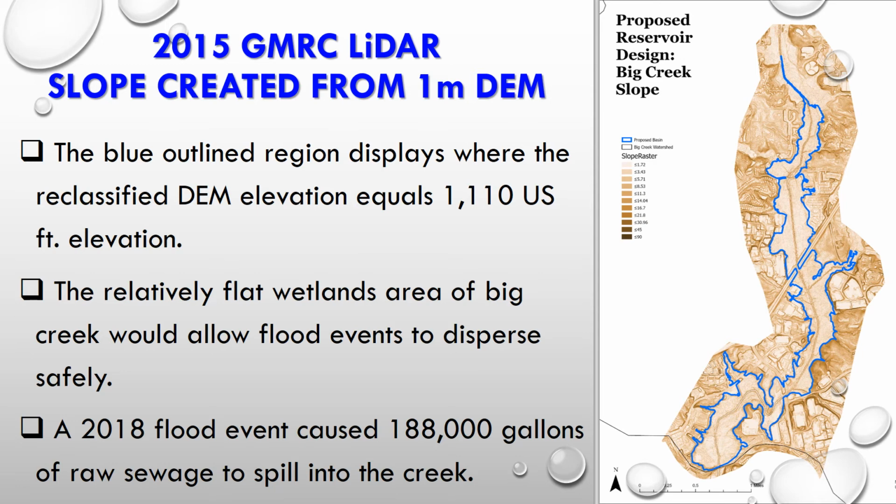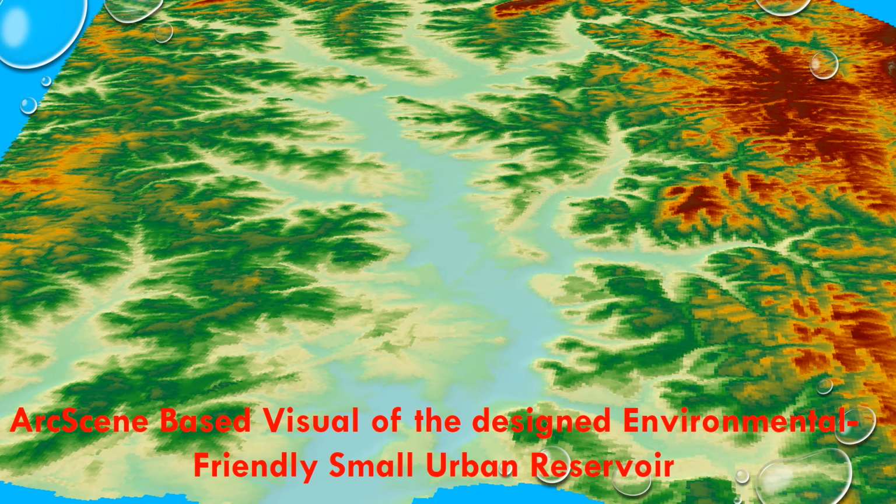And because it would be a reservoir, maybe the total suspended solids or other impairments can settle down to the bottom, and that way it will act as a wetland, and wetland is the kidney of nature. So it helps decrease the impact of a sewage spill like the one that happened in 2018. And you can see this ArcScene based visual, which was designed as an environmentally friendly small urban reservoir.